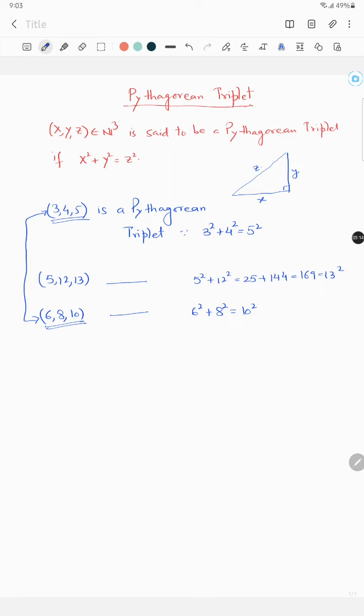So basically if we take this equation, और अगर हम इसको किसी परफेक्ट स्क्वायर से मल्टीप्लाई करें, here remember that x, y and z are natural numbers. अगर मैं इसको किसी परफेक्ट स्क्वायर से मल्टीप्लाई करूं, say k square, so this is k x square.